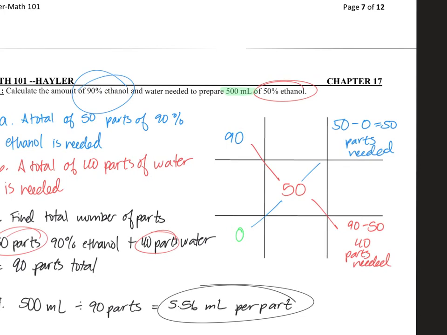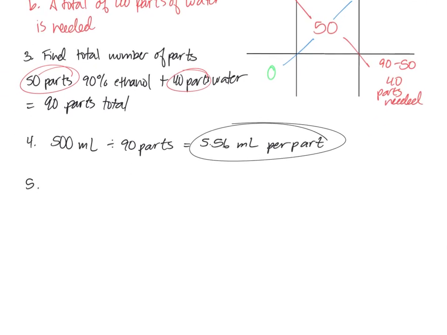That would be the 50. Multiplying them together, we get 5.56 milliliters times the 50. That will give me the 278 milliliters of 90% ethanol.